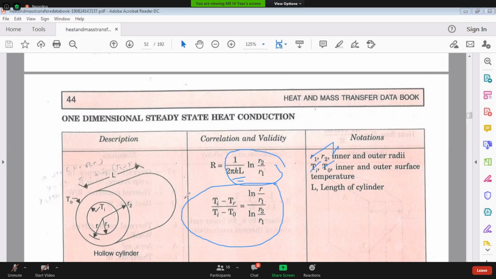Some notations will change, since different textbooks have different notations. Don't bother about it. This is the resistance. Likewise, for the spherical case too, we have discussed the resistance, that is R2 minus R1 divided by 4π R1 R2, like that. That I will also show.